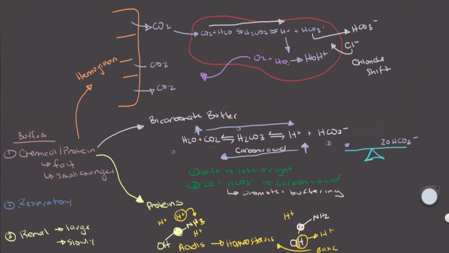I take that bicarbonate ion and push it out into the bloodstream by exchanging it for a chloride ion so that I still maintain the charge that I need across that membrane. And that HCO3 can now be free in the arterial blood, and it's going to help create this 20-to-1 ratio of bicarb to carbonic acid that we said is important to actually promote buffering.